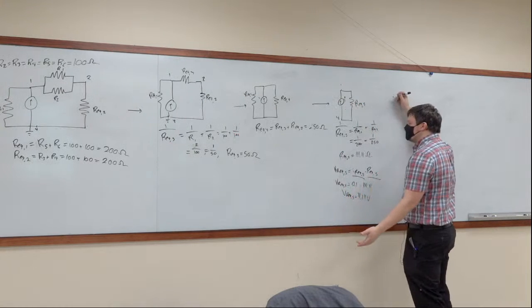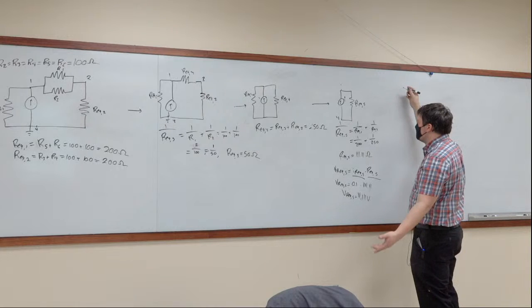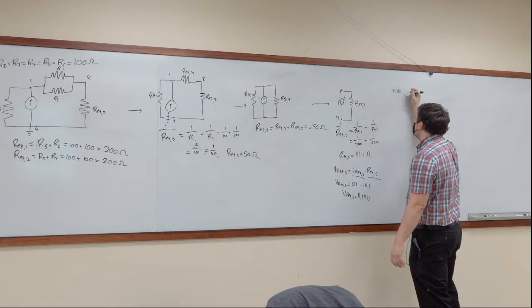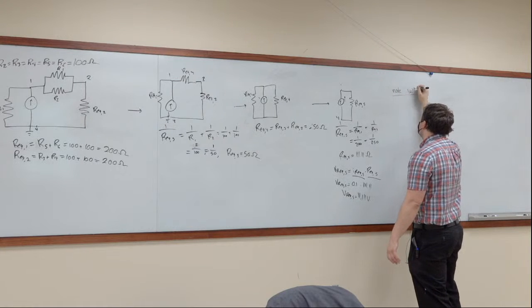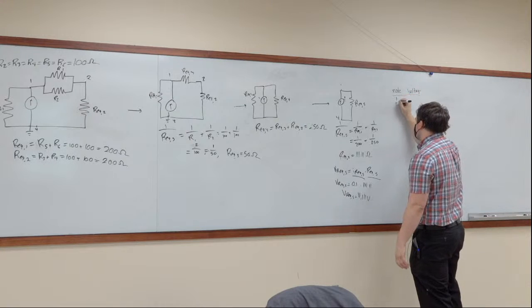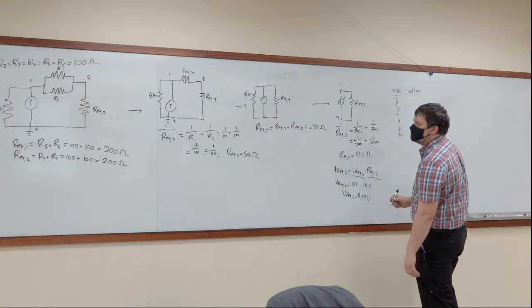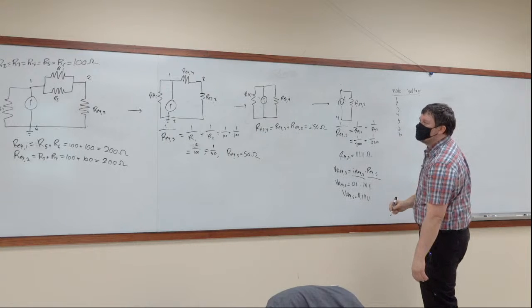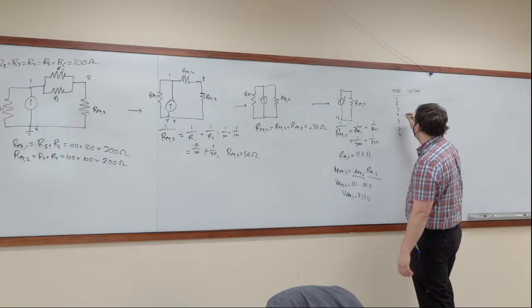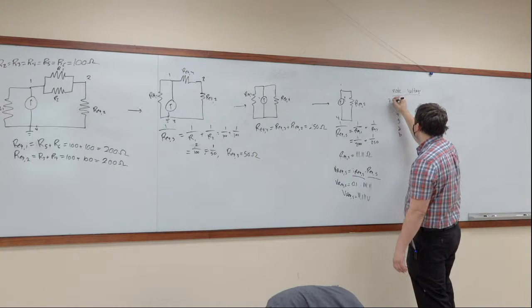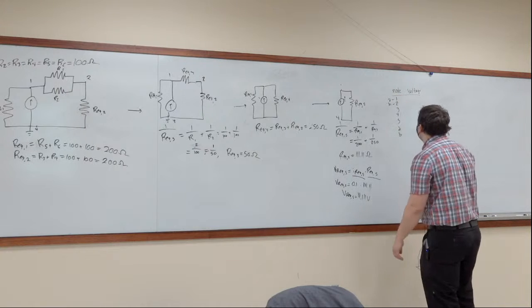So if I were to keep track of a node voltage table, I got my node, I got my voltage, I got 5 nodes, and then I've got A and B. A is at 1, B is at 2. So I'm just going to denote that up there.